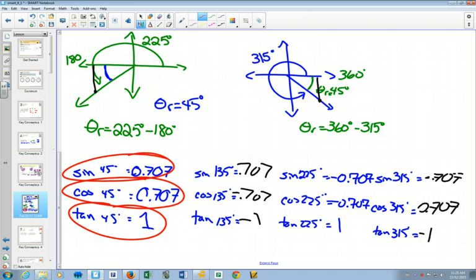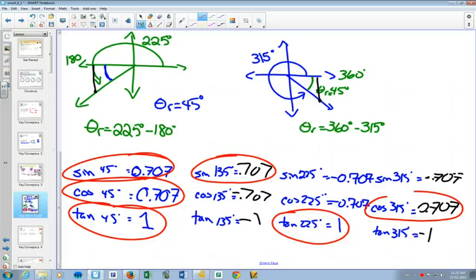Once we get to quadrant 2, the sine is the positive one, and the only one that's positive. Quadrant 3, the tan is the only one that's positive, and in quadrant 4, cos is the only one that's positive.